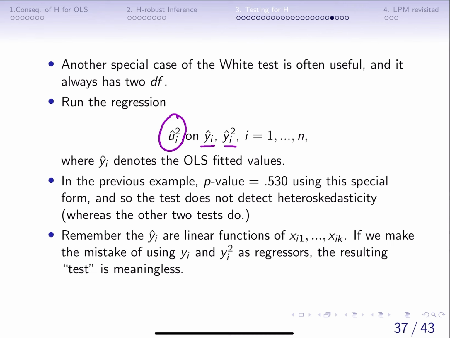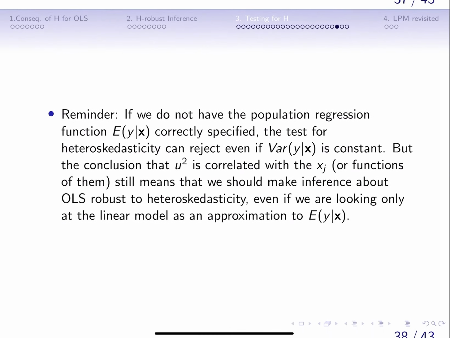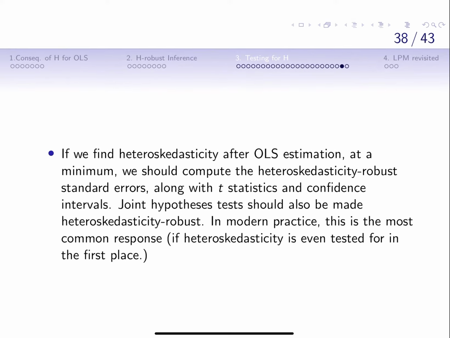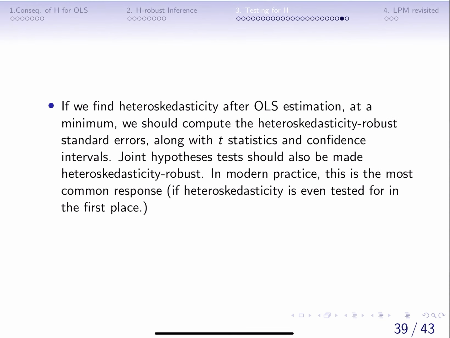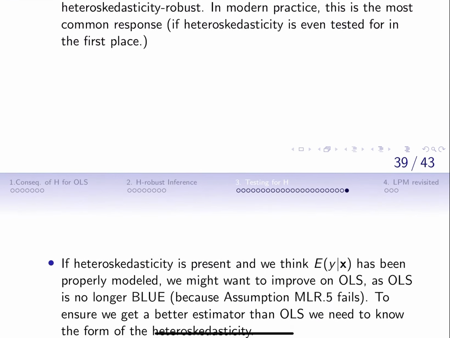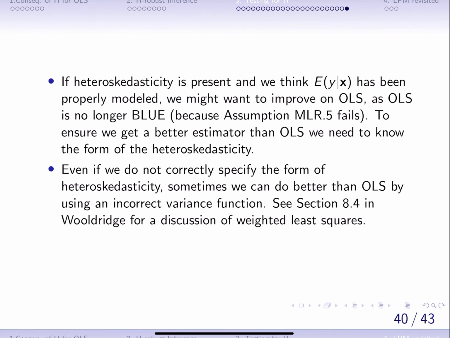So you're basically taking the fitted value in the regression and the square of the fitted values in the regression. And in this way, we do not lose a lot of degrees of freedom because there are only two variables on the right-hand side. Okay, so that's the idea behind how you can test for heteroskedasticity.